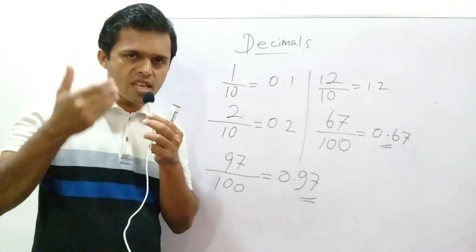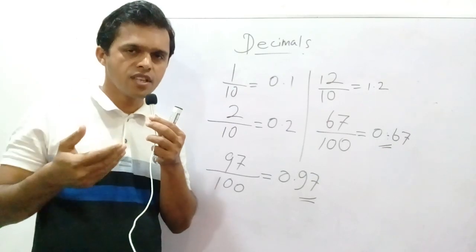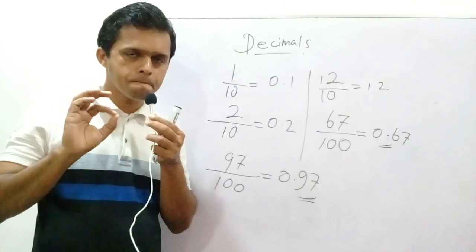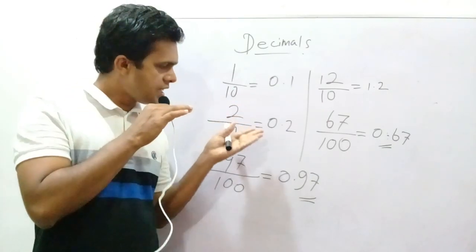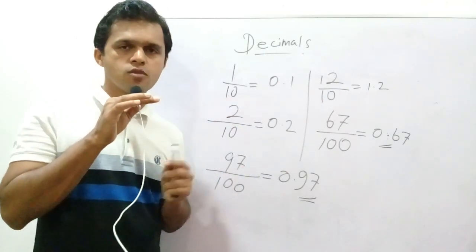So we can convert a given fraction into a decimal.